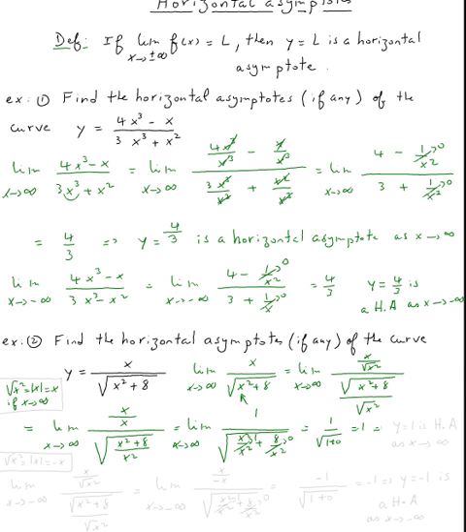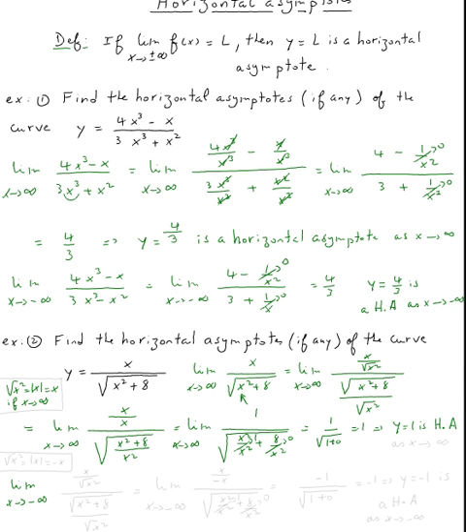So therefore y equals 1 is a horizontal asymptote. Now we need to do the same thing as x approaches negative infinity.